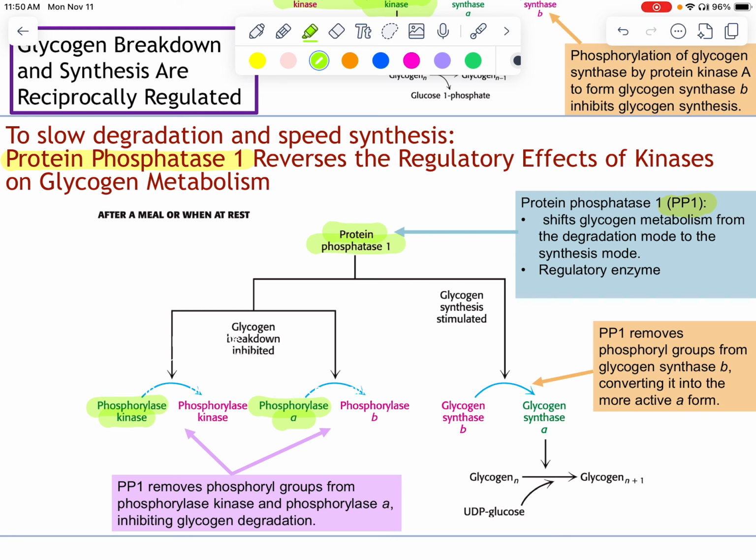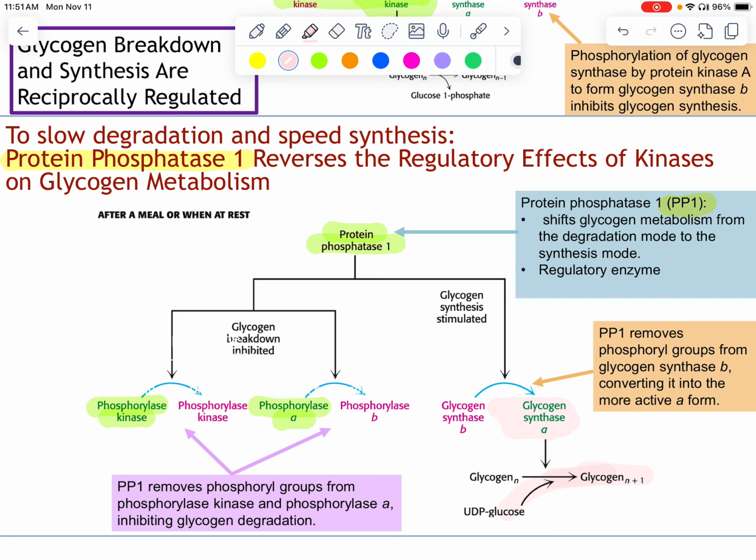At the same time, we're going to take the phosphate off of the synthase, but that has the opposite effect. As we take the phosphate group off, it converts it into a more active form, and so we stimulate the formation of glycogen.